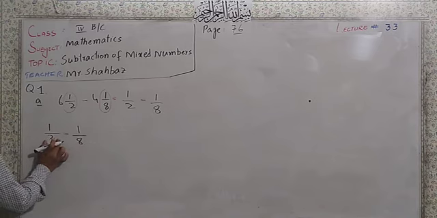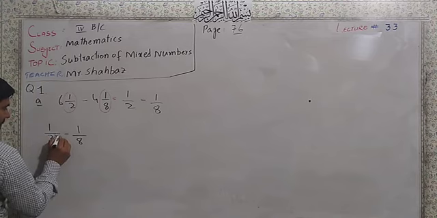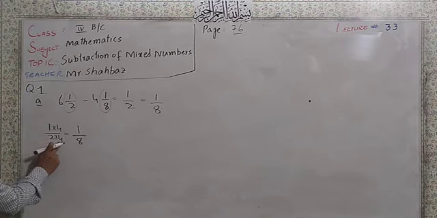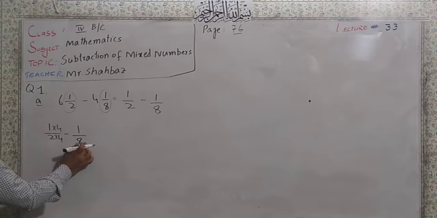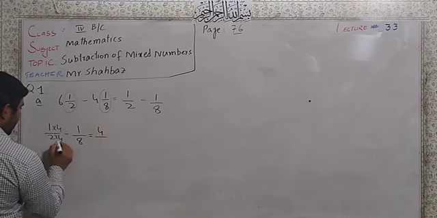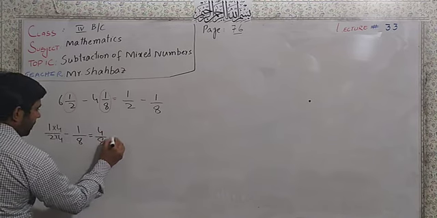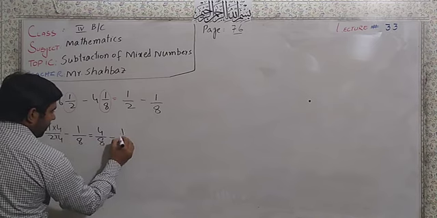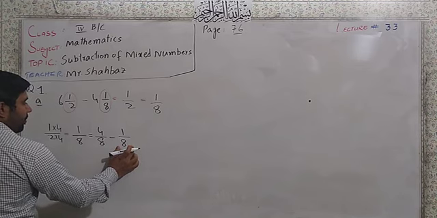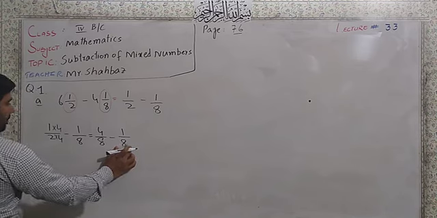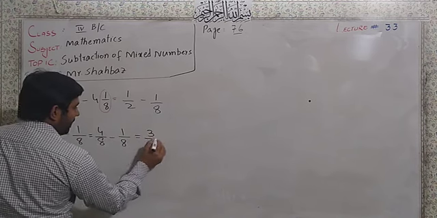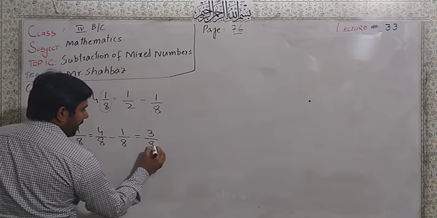We multiply 2 by 4, it will be 8, and also multiply the numerator by 4. 1 4s are 4, 2 4s are 8. Minus this will be as it is. Now we have the same denominator and we can subtract easily. 4 minus 1 will be 3 and this 8 will be as it is.